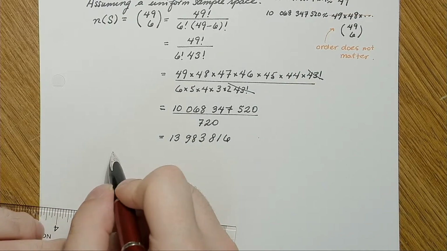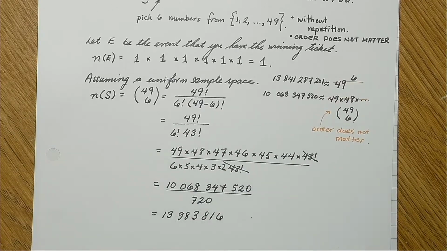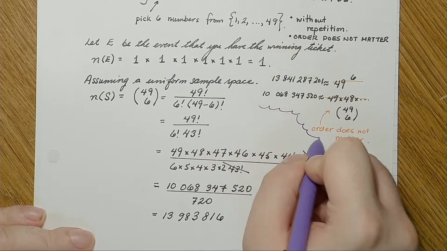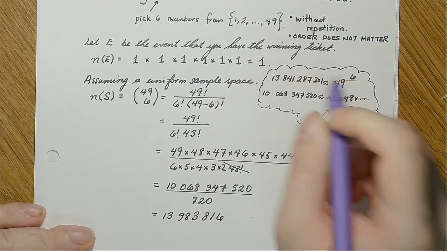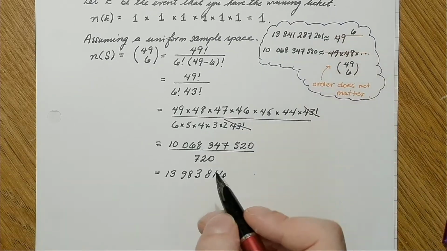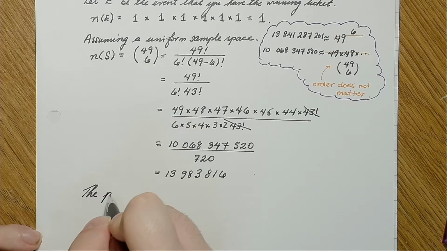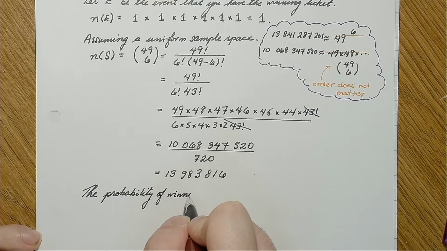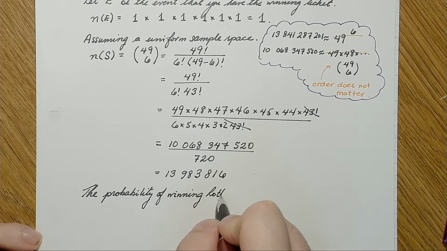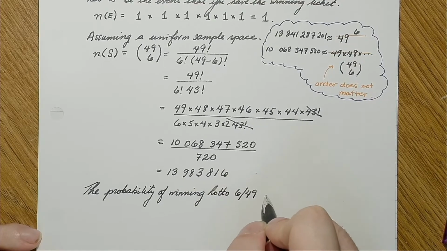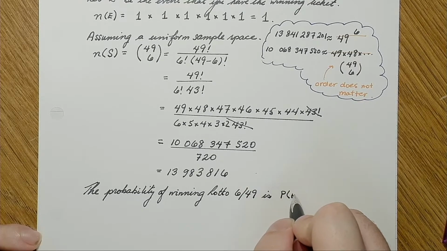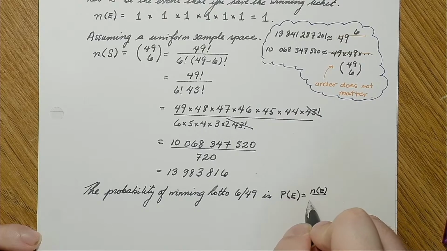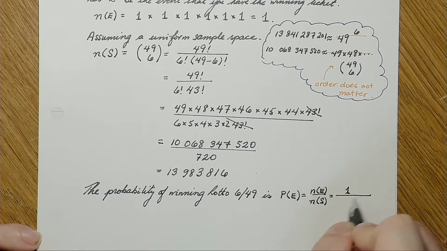So the probability of winning the Lotto 649 here in Ontario is 1 over 13,983,816.